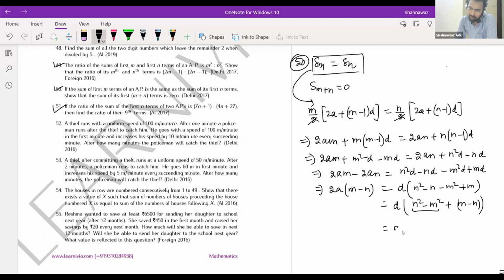This is n plus m into n minus m, plus m minus n. Understood, guys? Yes, sir. Ultimately you guys see that I want to get this factor. This is mine. I have n minus m and m minus n. So how can I get m minus n?